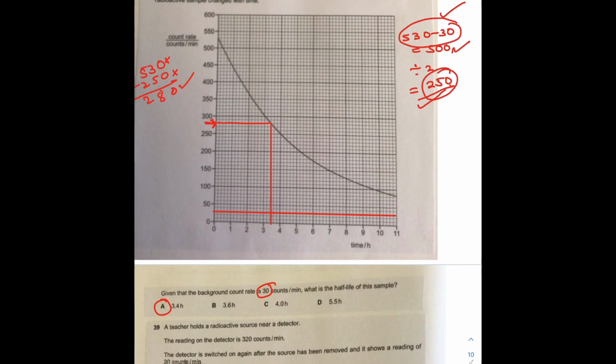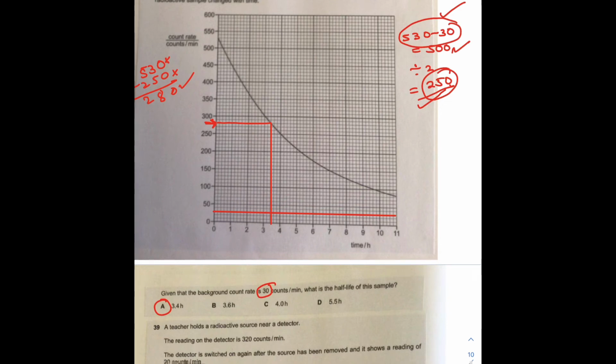Let's try 39. A teacher holds a radioactive source near a detector. The reading on the detector is 320 counts per minute. The detector is switched on again after the source has been removed and it shows a reading of 20 counts per minute. What is the counts per minute solely due to the source, and why is there a reading on the detector when there is no radioactive source present?